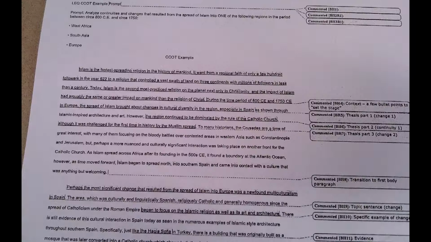Okay? And so what we have is we start with the context, and I start with Islam is the fastest spreading religion in the history of mankind. It went from a regional faith of only a few hundred followers in the year 622 to a religion with a vast swath of land on 3 continents with millions of followers in less than a century.